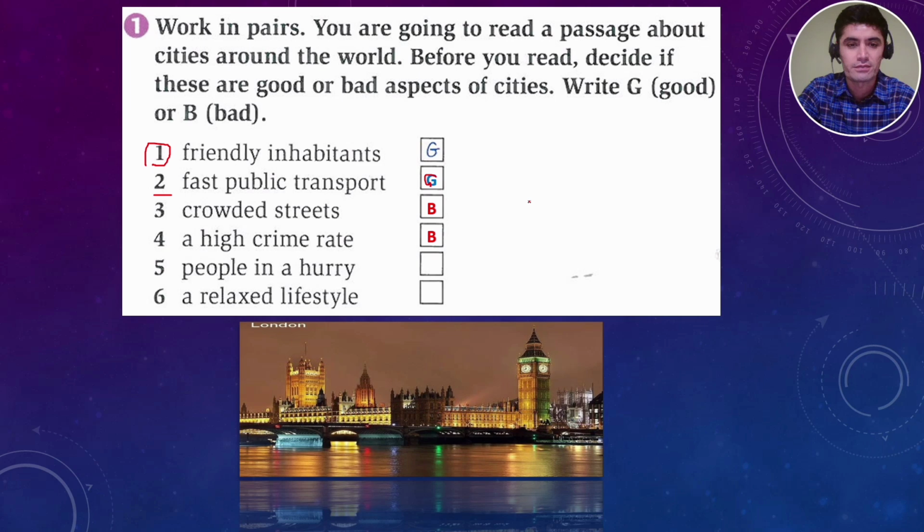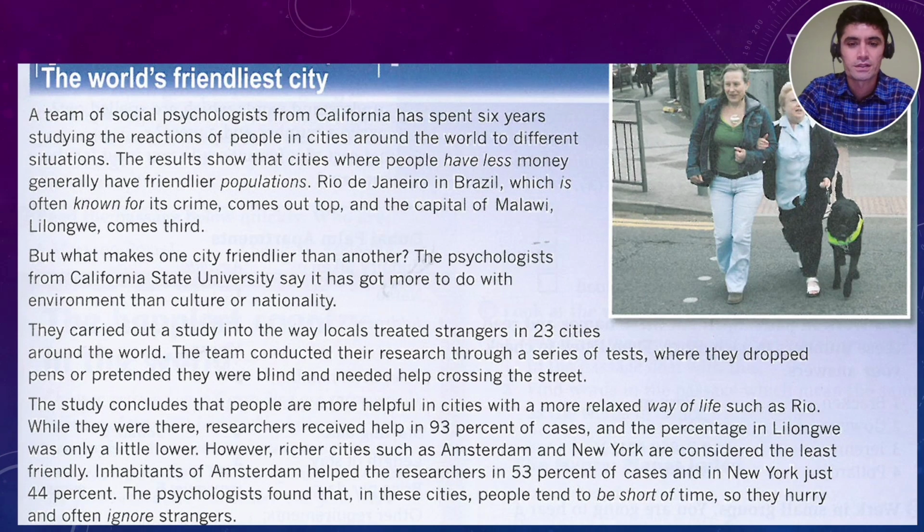A high crime rate is also a bad side. People in a hurry is a bad side as well. A relaxed lifestyle is a good side of the city. So this is the text here, and we will find some questions after this reading text.